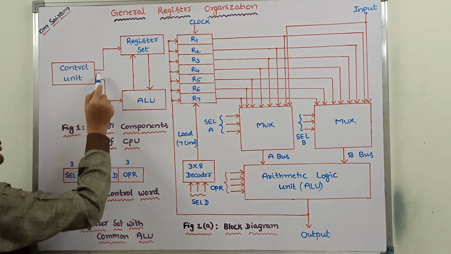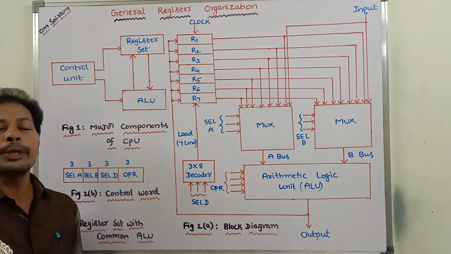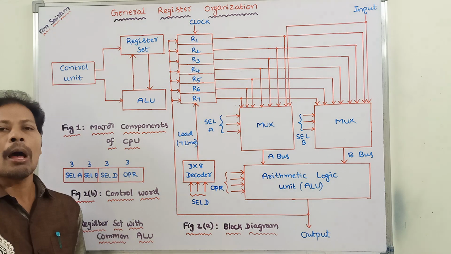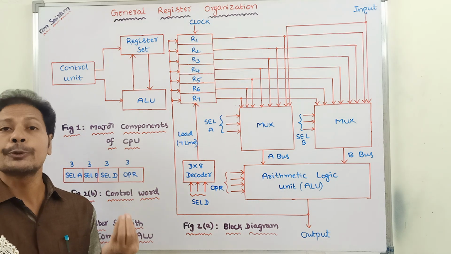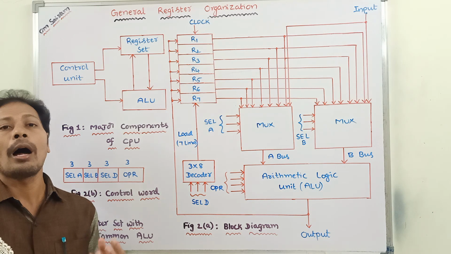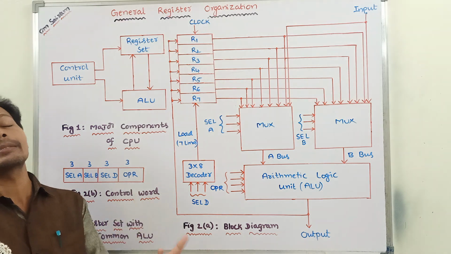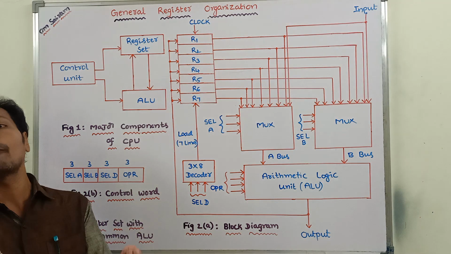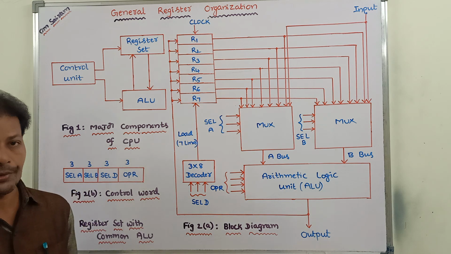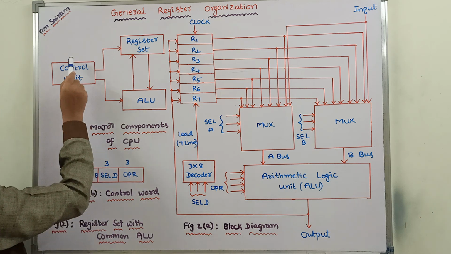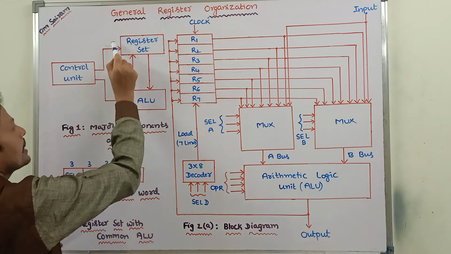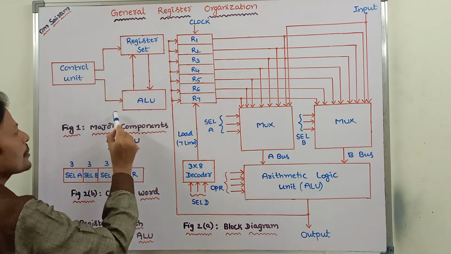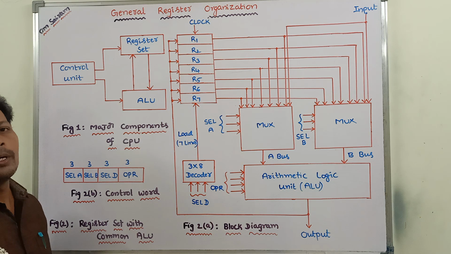Next one, the control unit. The control unit supervises the transfer of information between the registers and also instructs the ALU to perform a particular operation. So, the control unit supervises both the register set and the ALU.